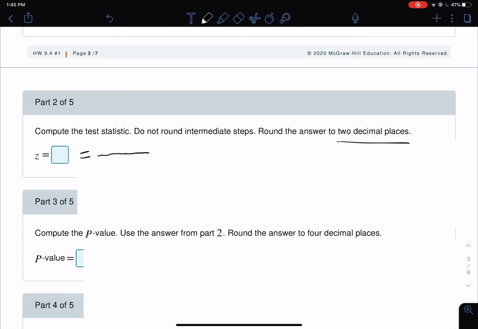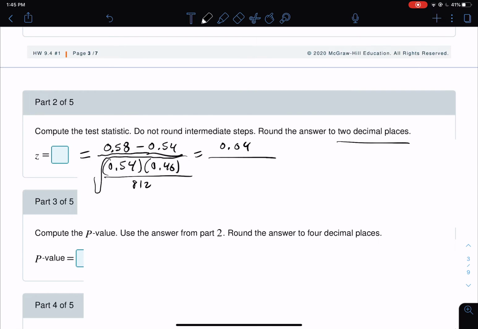It's going to be the sample proportion 0.58 minus the population proportion from the null hypothesis, 0.54, divided by the square root of the null population proportion 0.54 times its complement, 1 minus 0.54, which is 0.46, divided by the sample size, 812. Up top, that gives us 0.04.